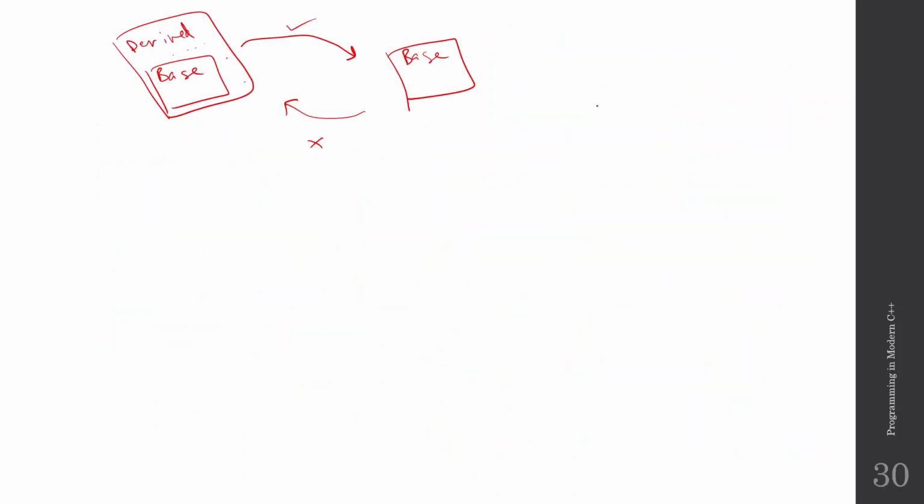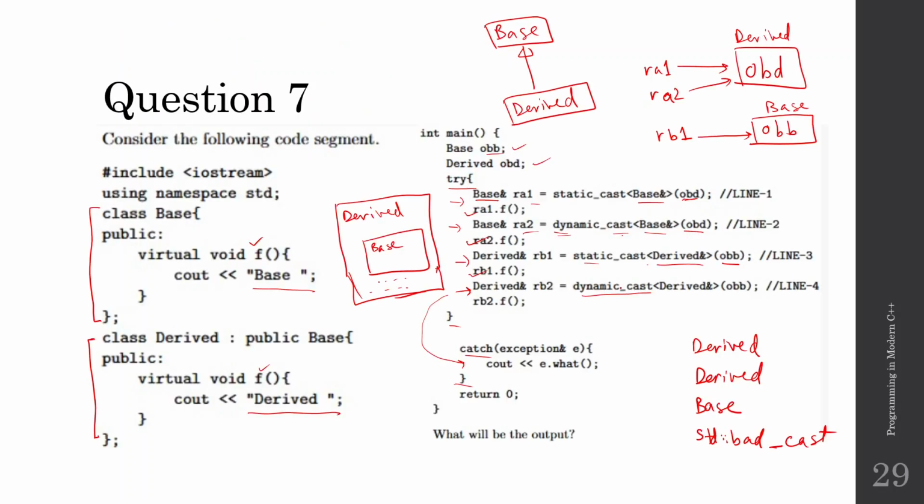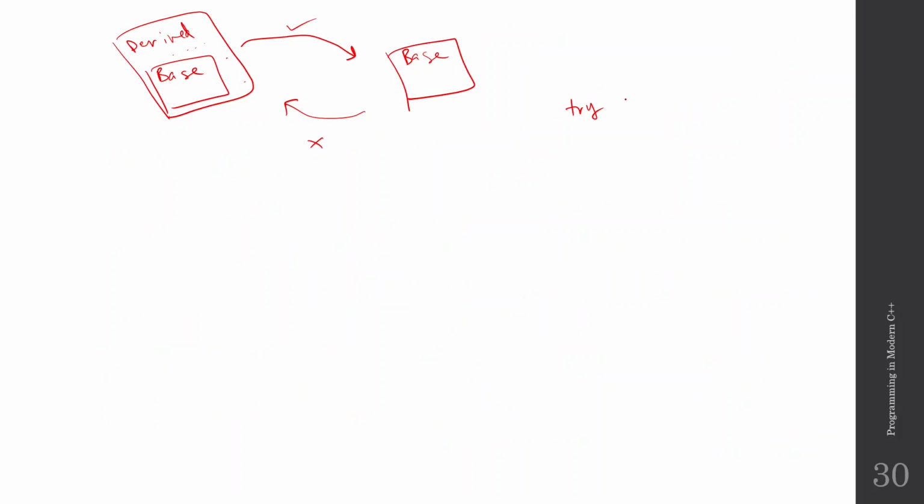If you don't know try catch blocks, first let me discuss the output. Therefore, the output will be derived, base, and std::bad_cast. Try catch blocks are used to handle exceptions in the code.